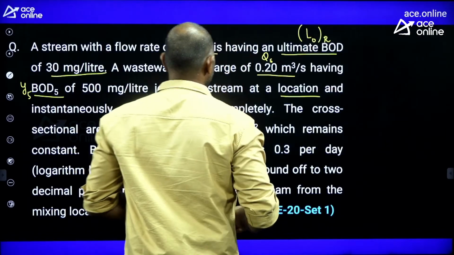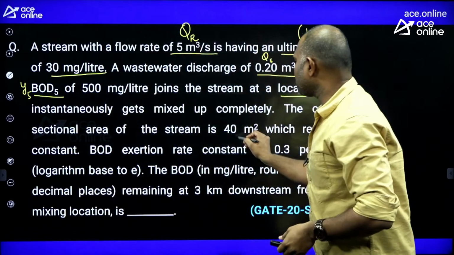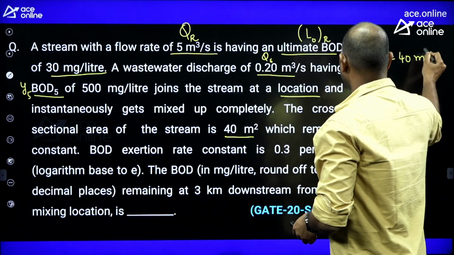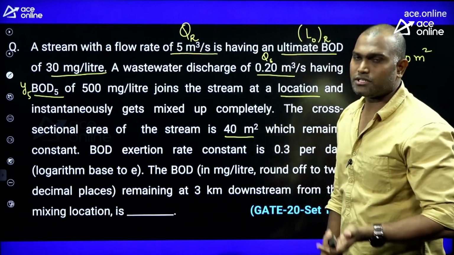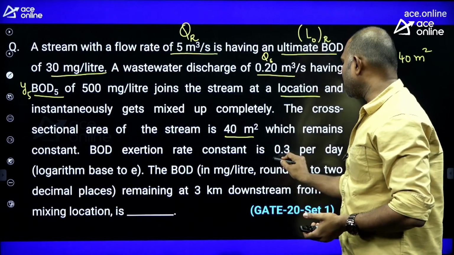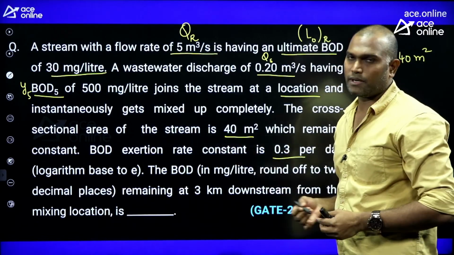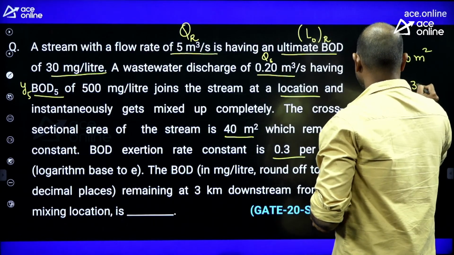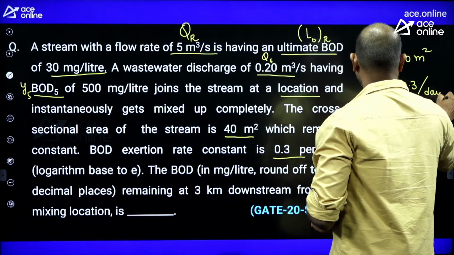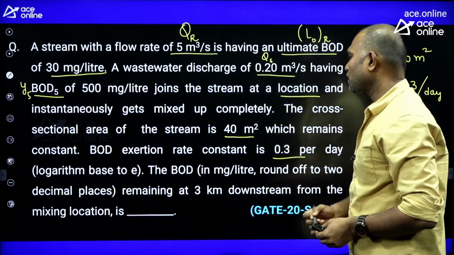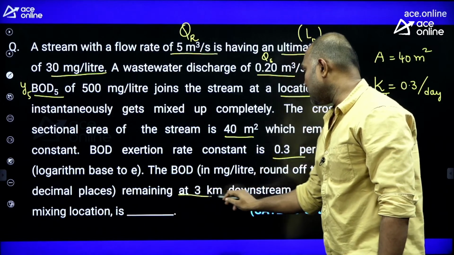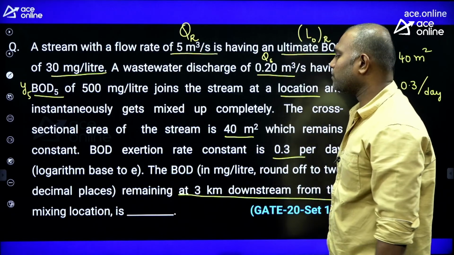So now what is the question they are asking? The cross-section area of the stream is given as 40 meters square, which remains constant. The BOD exertion rate is also given, logarithmic base e. So the K value is also given, 0.3 per day, K at a certain temperature. The BOD remaining at 3 kilometers downstream from the mixing location.